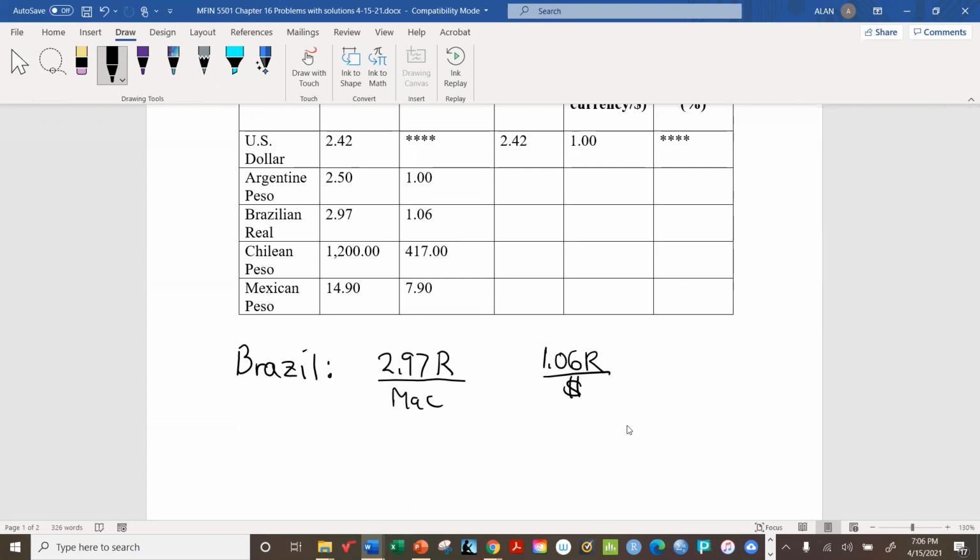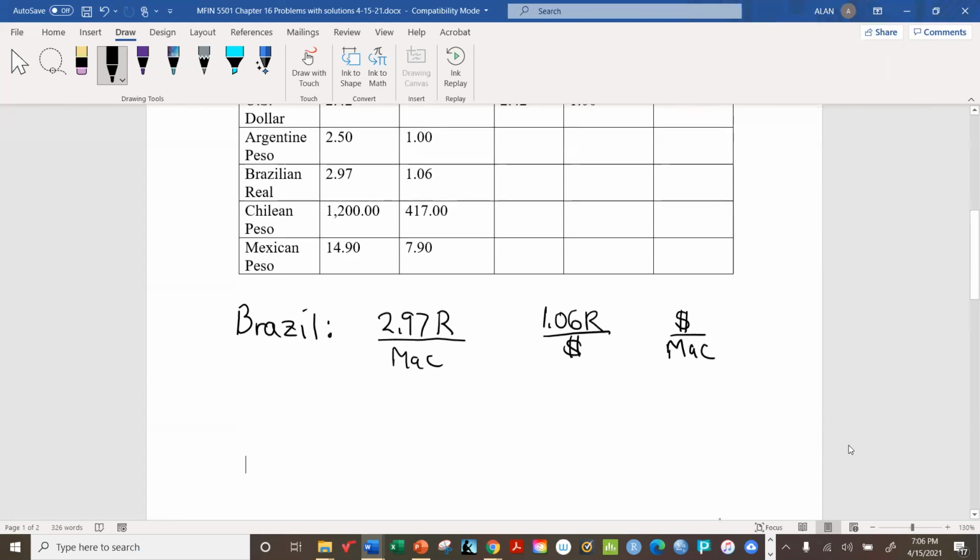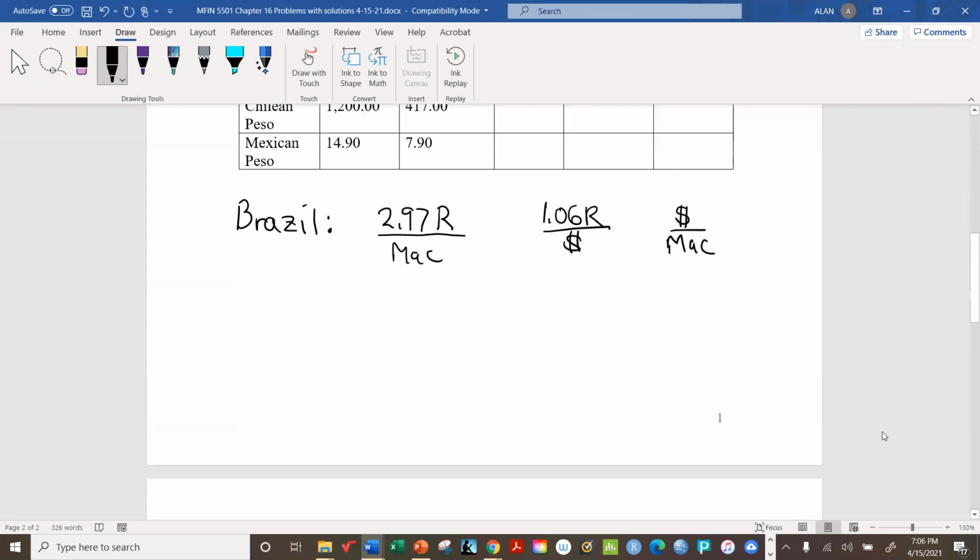So what I ultimately need is dollars per Big Mac in Brazil. So what do I have to do? I've got to figure out a way to arrange these in such a way that the reals cancel out. So let's try this one. Let's start by trying 2.97 reals per Mac, and then we'll turn around and divide that by 1.06 reals per dollar.